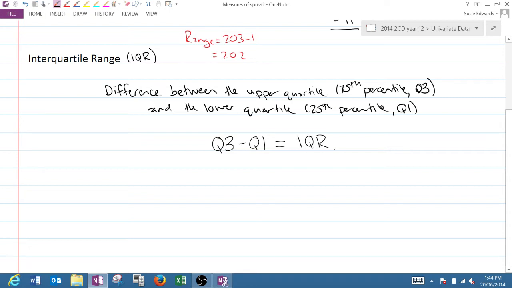So, can someone tell me what 75th percentile means? Or Q3 or upper quartile, what that means? Yep. Good. 3/4 of the data, 75% of the data is below the Q3. What about Q1? 25%.